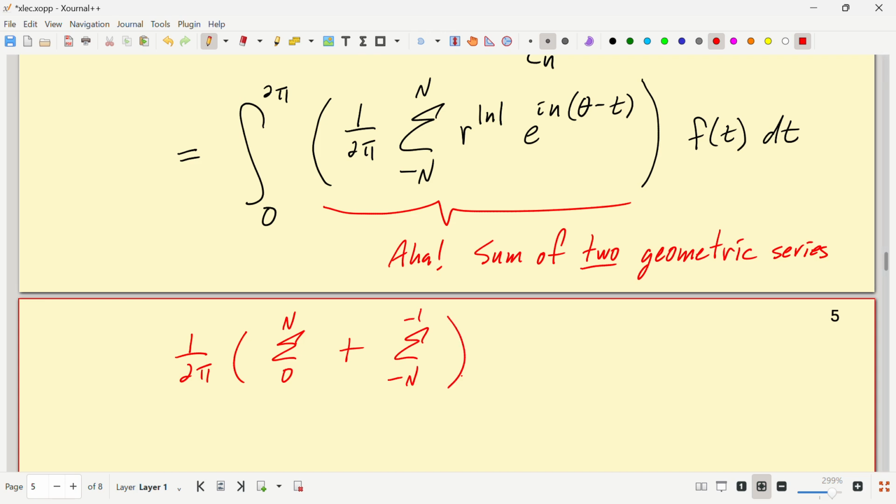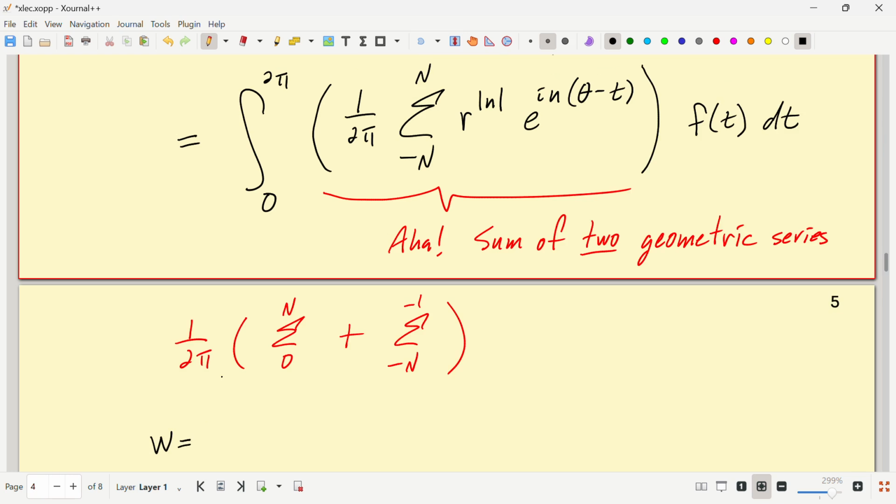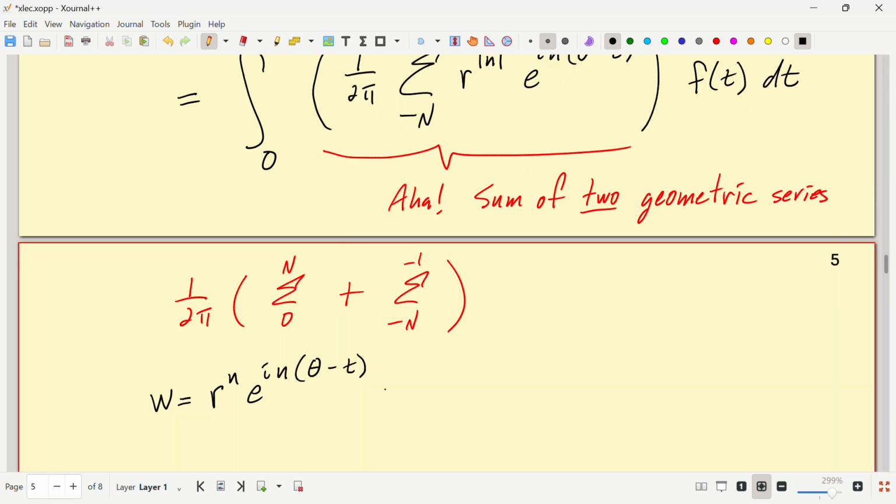But you can use the formula for the sum of a geometric series. Let's see, what are the terms? I would set W equals, we've got r to the n there. We'd have r to the n, e to the i n (theta minus t), which is that thing to the nth power.